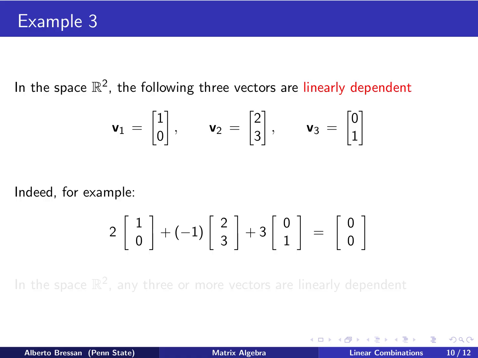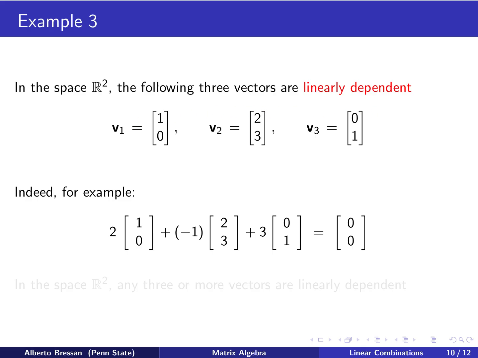Okay, and then we only need to find a set of coefficients C1, C2, C3, not all 0, such that the linear combination becomes 0. So we see that this is 1 and 1. If we multiply the second vector by -2, and then multiply the first one by 2, then you add up, you get the first element 0.